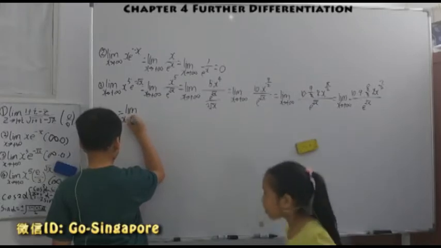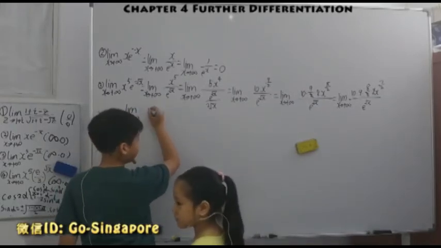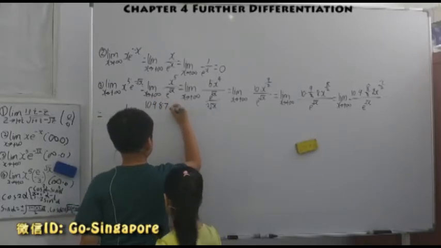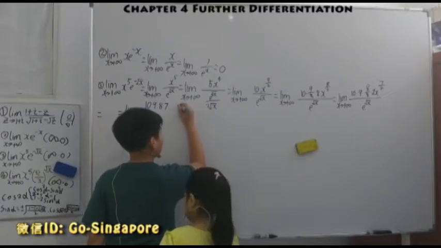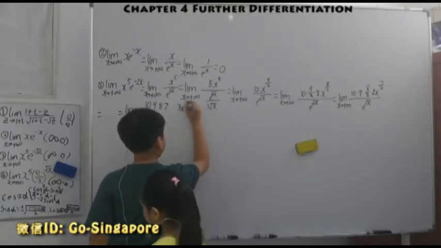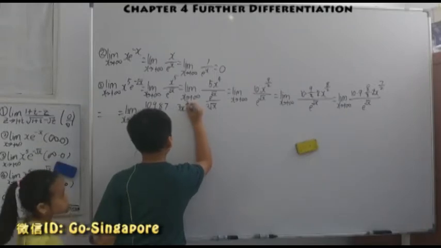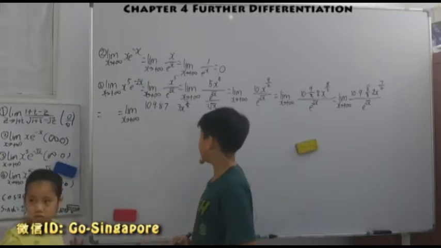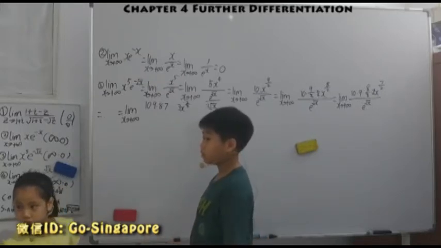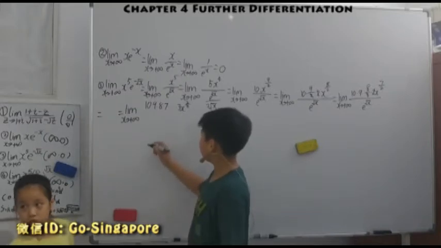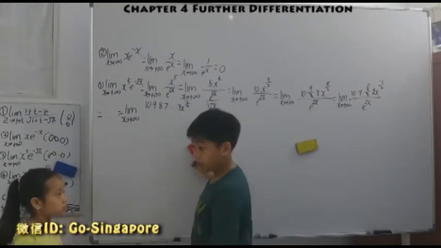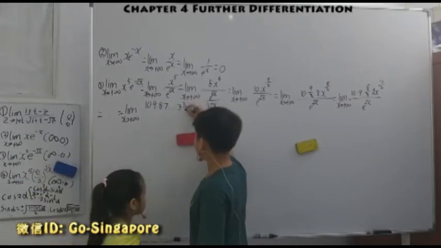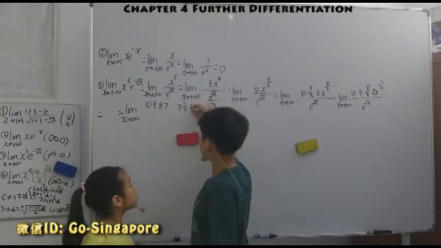So this limit x approaches positive infinity. This is 10 times 9 times 8 times 7 times dot dot dot all the way until 2. So here it is 2 over 2, right? Yes, but we don't put it as 1. Bring it down times 2 over 2, then this 2 goes up.